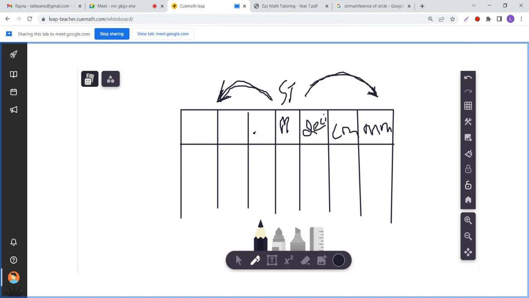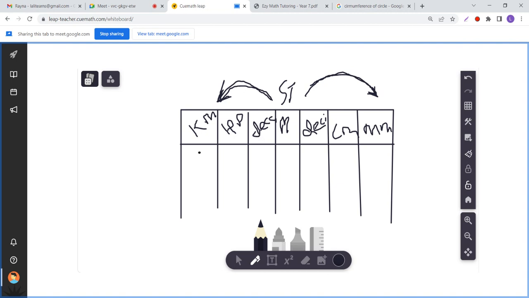Greater units: deca, hecta, and kilometers. Kilometers come over here. Between meters and kilometers, you're having hecta and you're having deca.